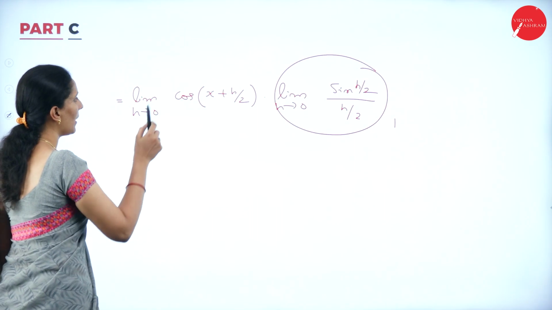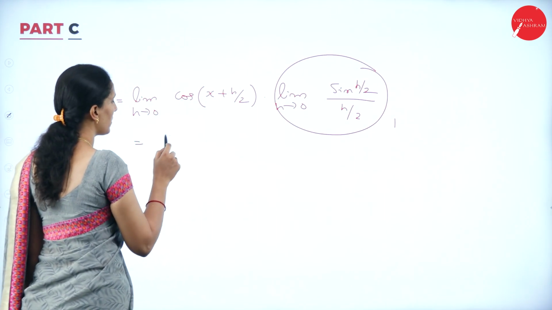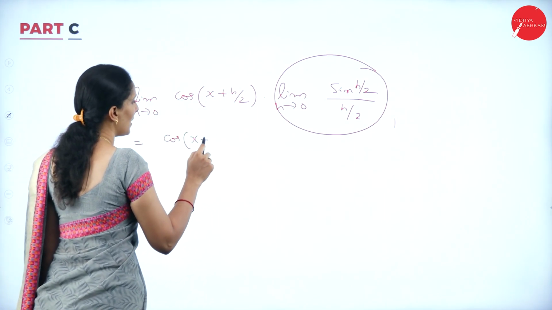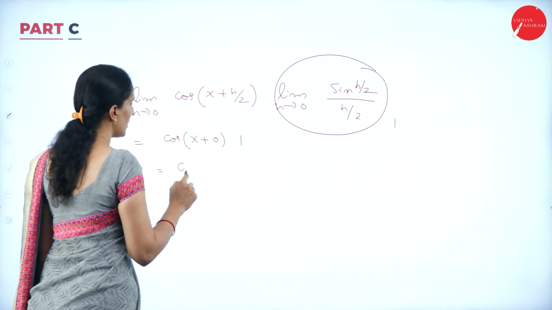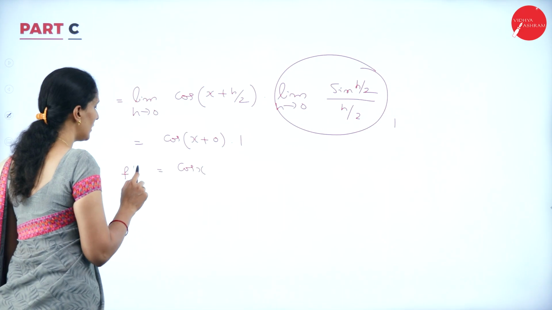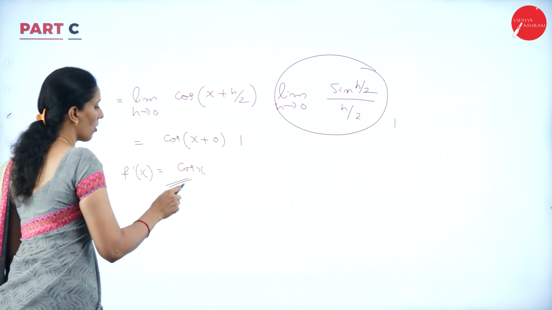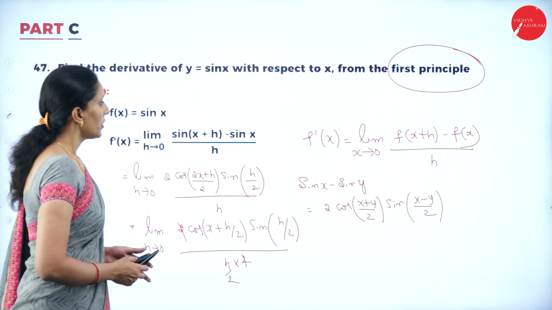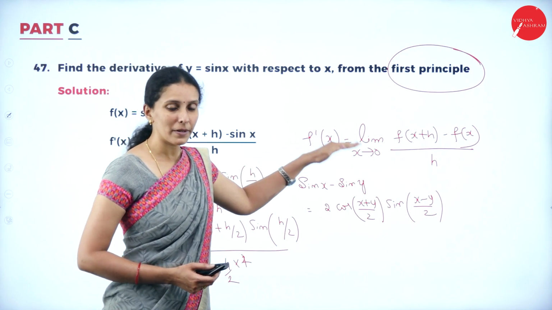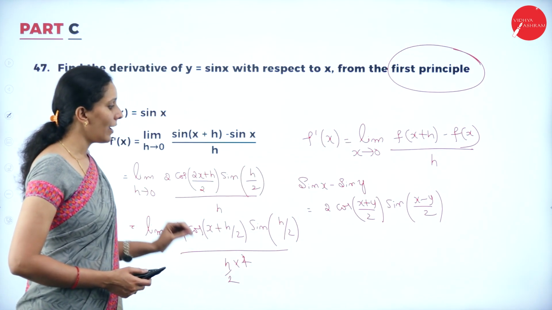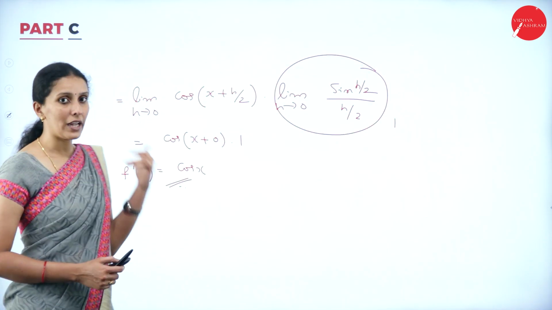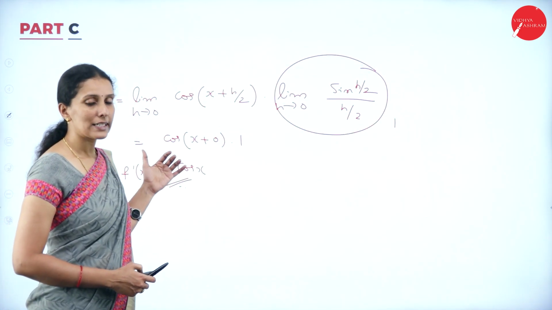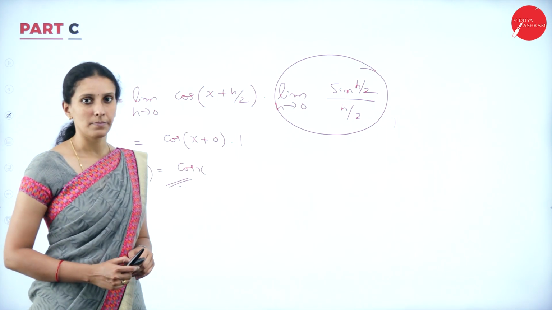Now if you apply limit as h tends to 0, this becomes cos x, since h by 2 is 0, times 1, which is equal to cos x. Hence, the derivative of sin x is cos x. So, using the definition of the first principle of derivative and applying the transformation formulas, we can find the derivative of any function. Here, the derivative of sin x is cos x.